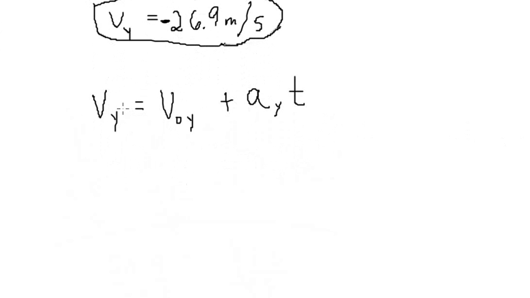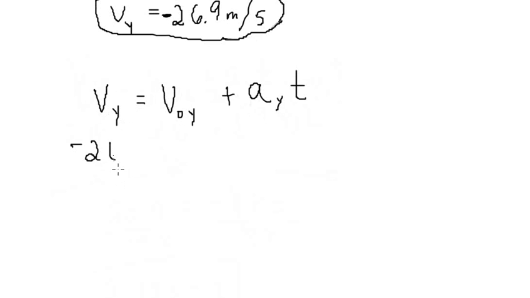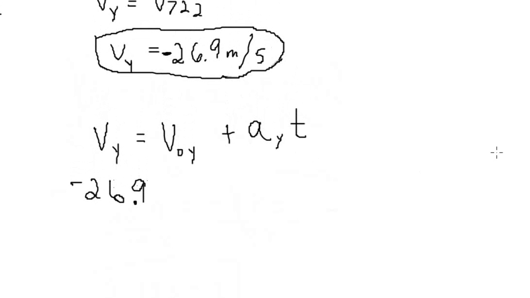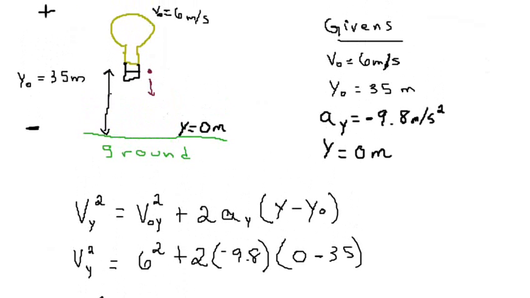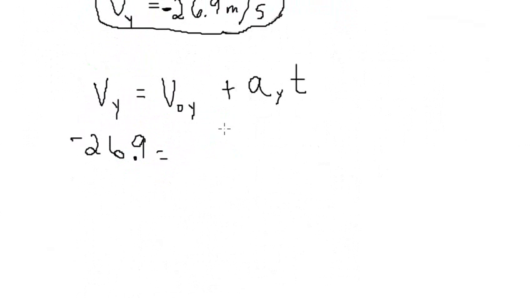Okay, so the final velocity is negative 26.9. I'm not going to write the units until the end. Okay, the initial velocity is 6 meters per second.